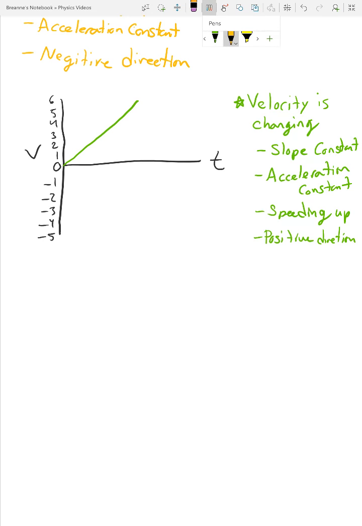So if we kind of remember that, if we draw a diagonal line going down, let's think about what's going on here. So we have velocity is still changing. And so therefore our slope is constant.